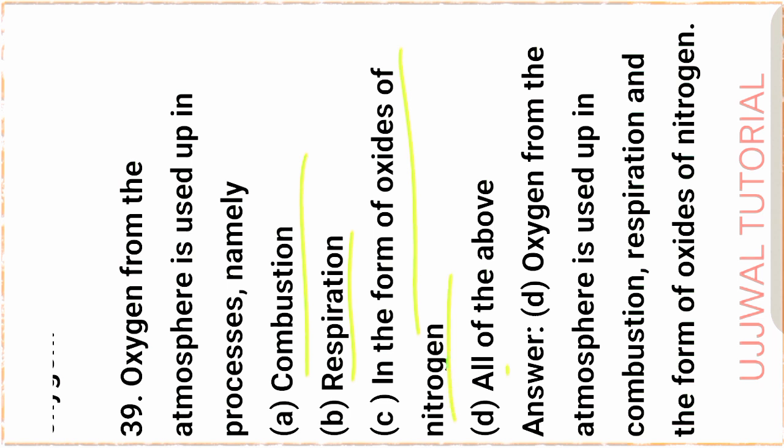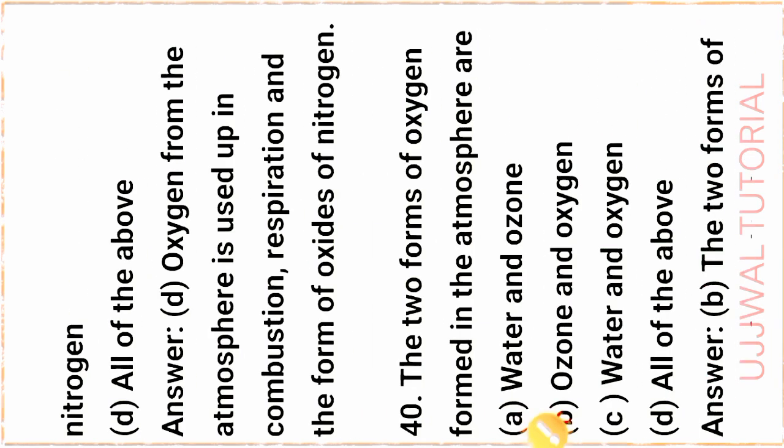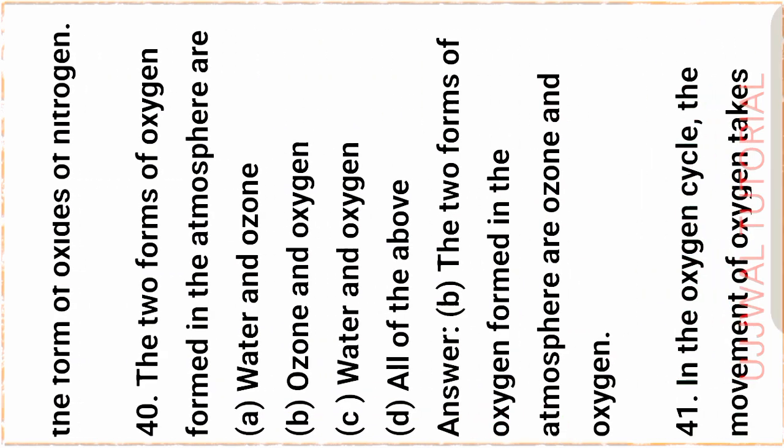Option D, all of the above. Next question, number 40. The two forms of oxygen found in the atmosphere are, option B, ozone and oxygen.